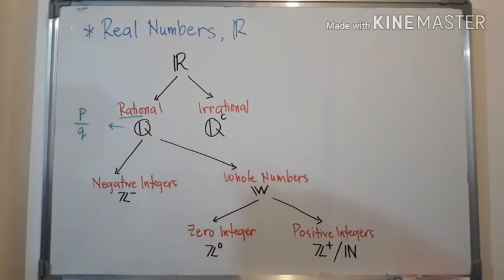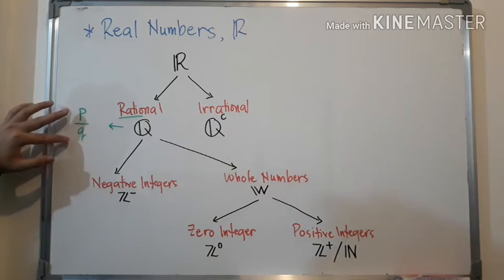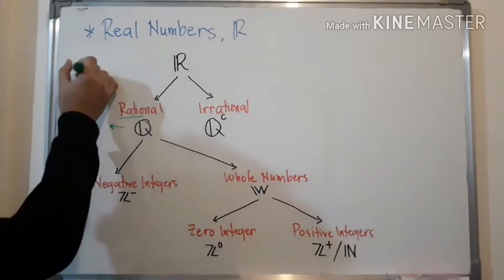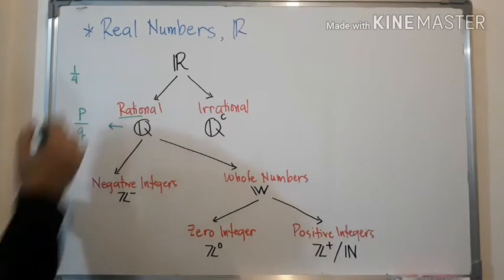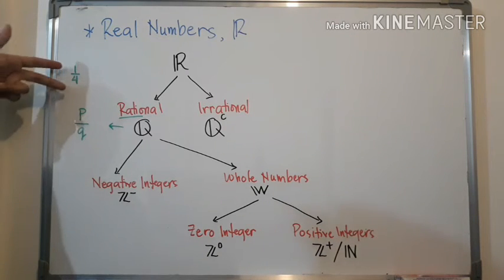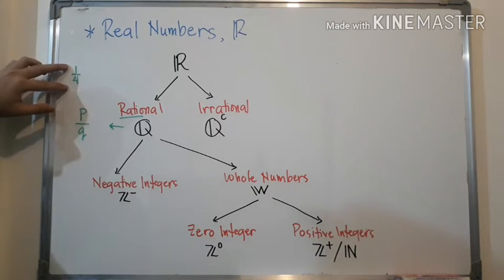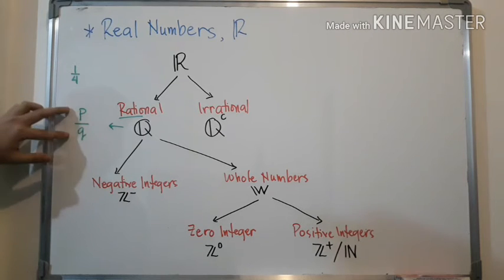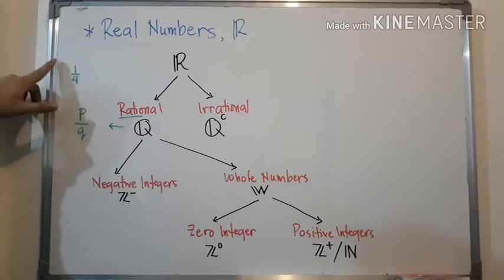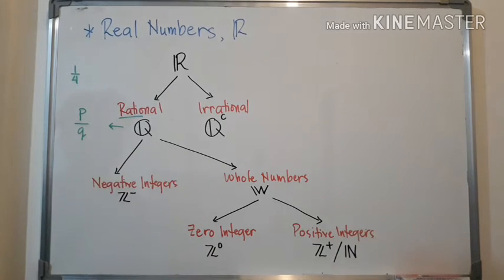So, the ratio of P and Q. Example, we have 1/4. 1/4 is a rational number because we can express this 1/4 in this form P over Q, where our P is 1 and our Q is 4.